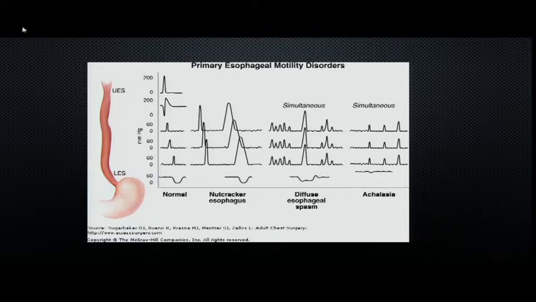Diffuse esophageal spasm has a lot of little bitty contractions, usually around 50 to 60. These patients also come in with chest pain, with the differential diagnosis of what we talked about earlier. And then achalasia has low intensity waveforms and a high resting basal tone in the lower esophageal sphincter. So it goes down slow, it doesn't empty, and it just pools there over years and years of symptoms. And we'll review that in just a second.